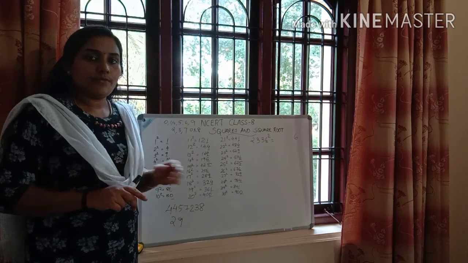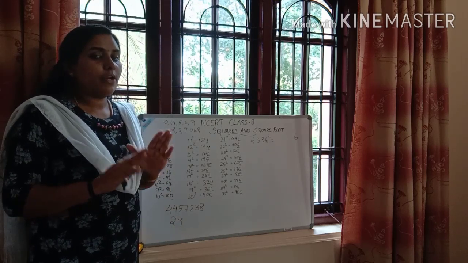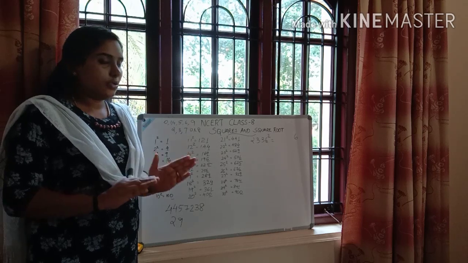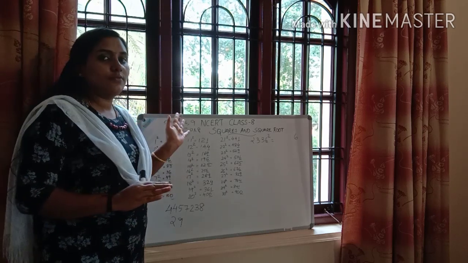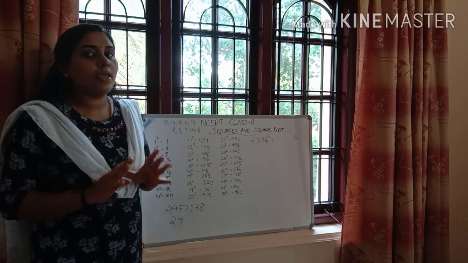No. So we can conclude from this that if a number ends with 0, 1, 5, 4, 6 or 9, it is not necessarily a perfect square.